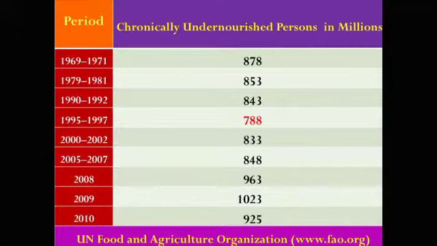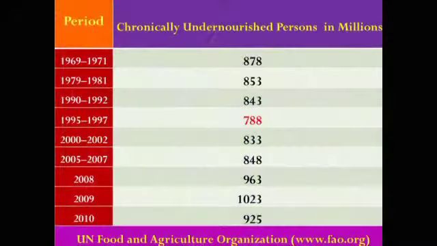And these are the numbers until a few days ago. Just a few days ago, they completely revised all the chronic undernutrition numbers, greatly increasing the number of undernourished in the year 1990 and greatly reducing the ones now with a new methodology. I'll say a little bit about that later, even though I haven't seen the methodology yet.